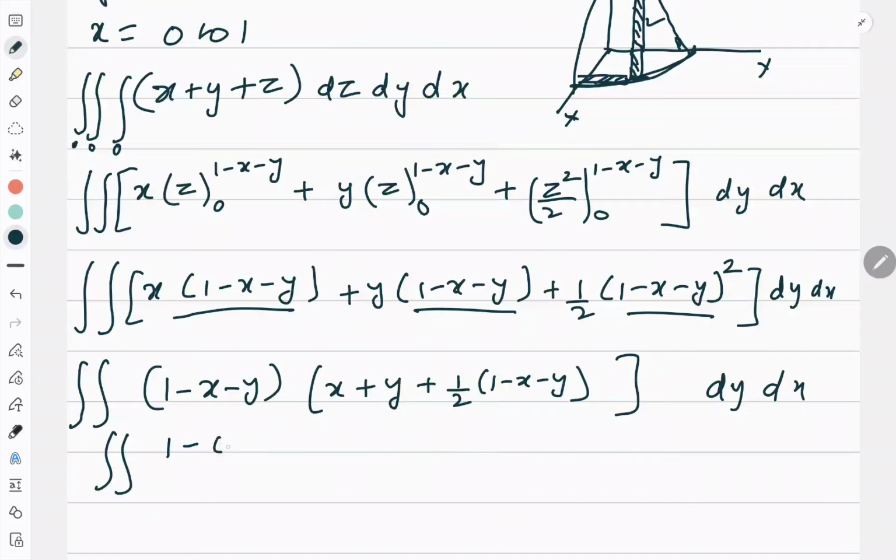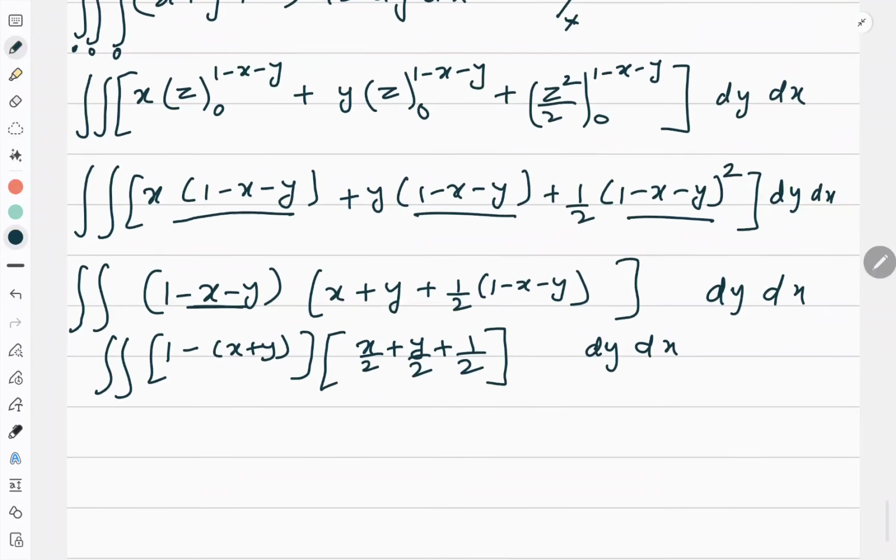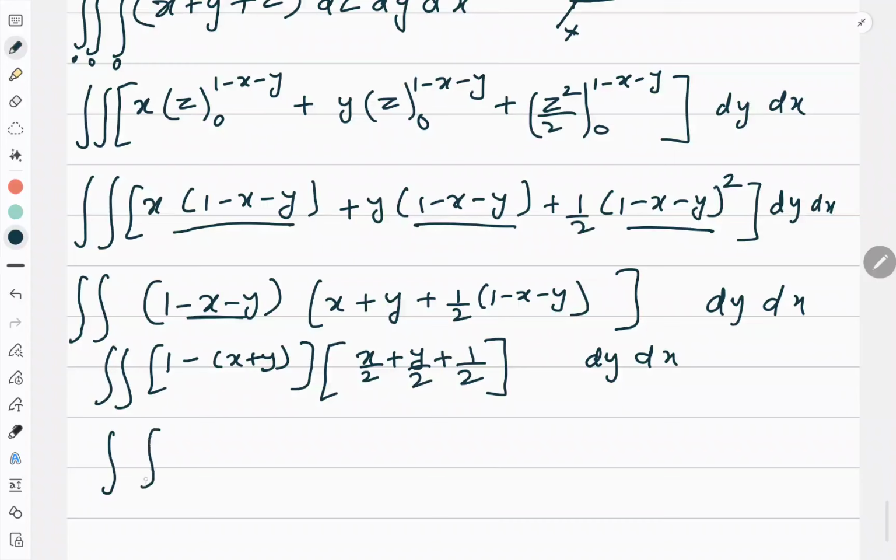So 1 minus x plus y, this I can take minus sign common and write like this. The second term, if you observe, is x plus y plus 1 by 2 minus x by 2 minus y by 2. So x by 2 plus y by 2 plus 1 by 2. And dy dx. So if you observe, it is 1 minus x plus y and it is 1 plus x plus y.